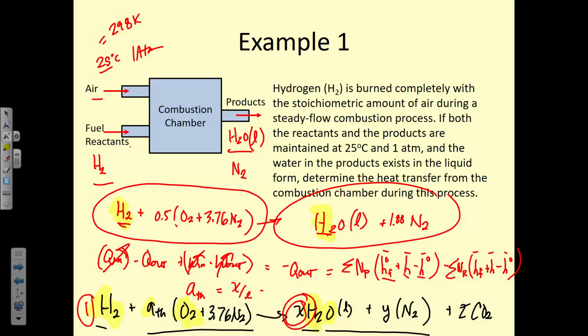So my A theoretical is equal to 0.5. Then I look at nitrogen. There's a nitrogen here and a nitrogen here. And so I find that A theoretical times 3.76 for this coefficient is equal to Y. I just solved for A theoretical at 0.5, so 0.5 times 3.76 gives me 1.88.